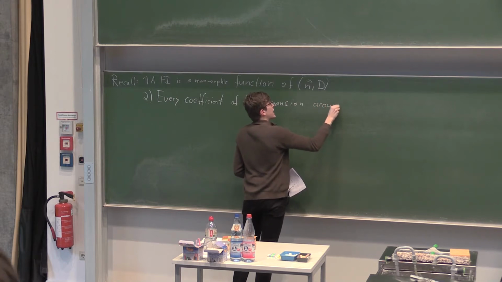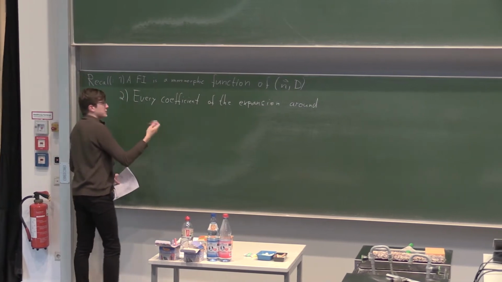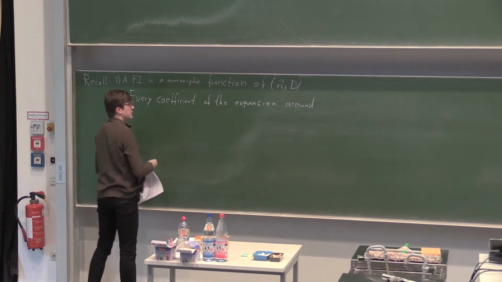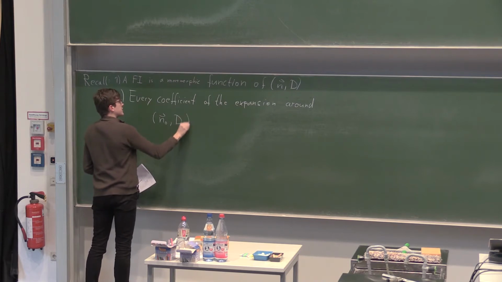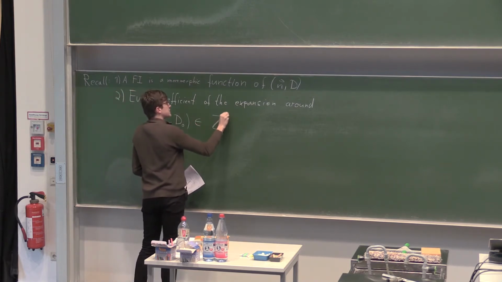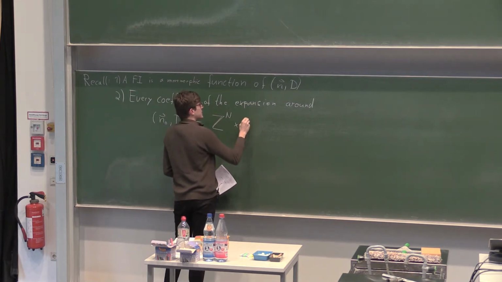Of course, you can expand around any point that you like. And something special happens when you expand around special points. So let's suppose we expand around an integer point. So suppose we're expanding around values d0 and indices 0, such that the indices are integers, and the dimension around which we expand is an even integer.